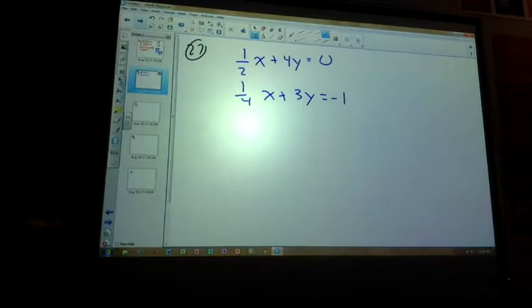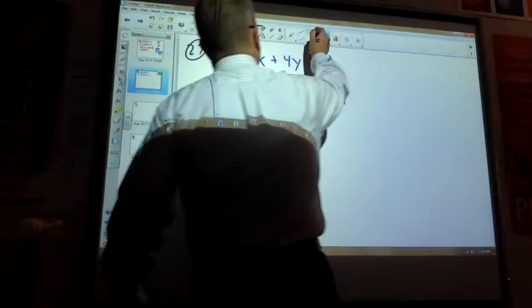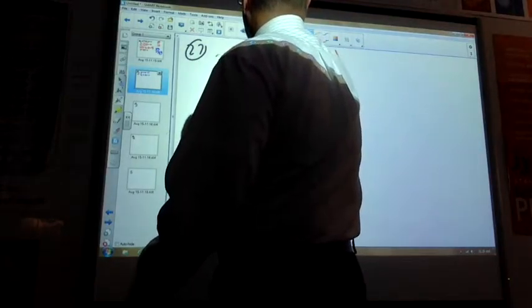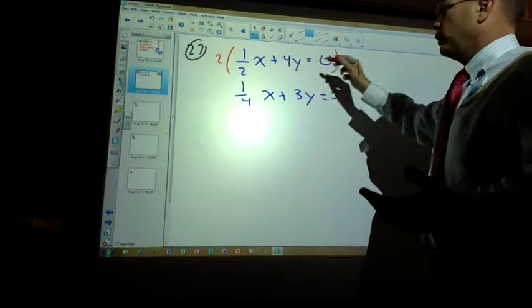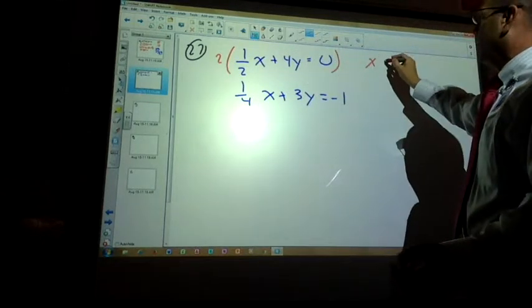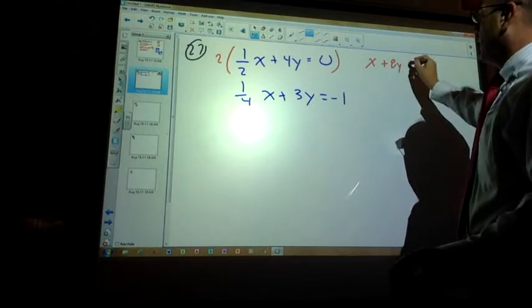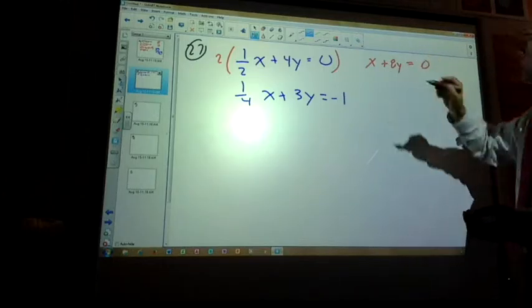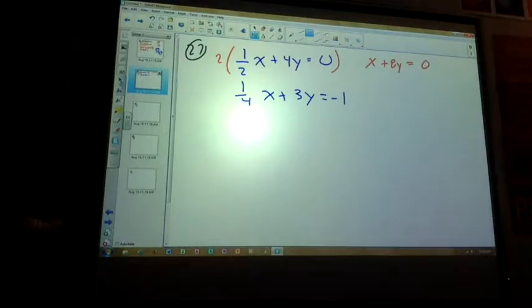So, have you ever heard the term clear the denominator? Okay. What that means is I want to just modify each. So this whole thing I'm going to multiply by 2. So 2 times half is 1, or 1x is the same thing as x. 2 times 4 is 8y. And 2 times 0 is 0. So I've cleared the denominator on the first one.